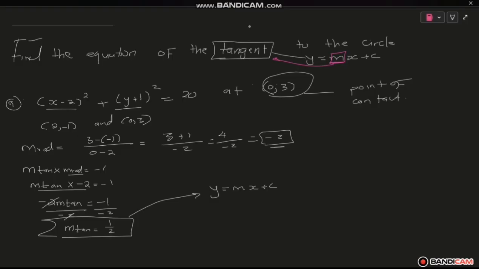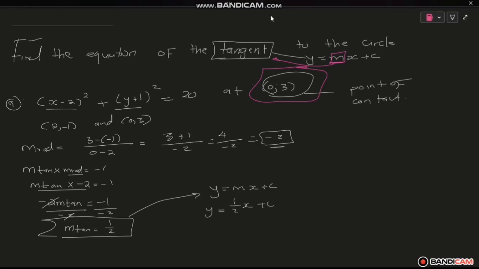Therefore, y equals mx plus c, where m is substituted with 1 over 2, not that -2, because that -2 is the gradient of the radius, but we are asked to find the gradient of the tangent. Therefore, you use this point over here, not the center. You use the point of contact, the point of tangency, to find the value of c.